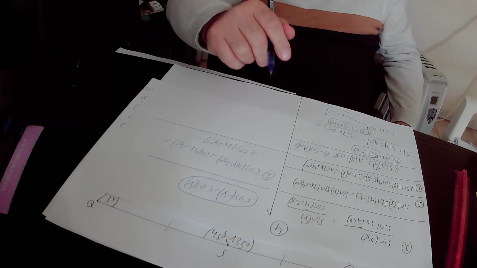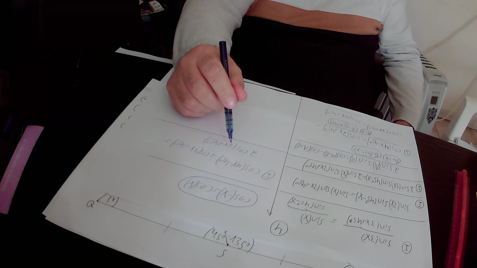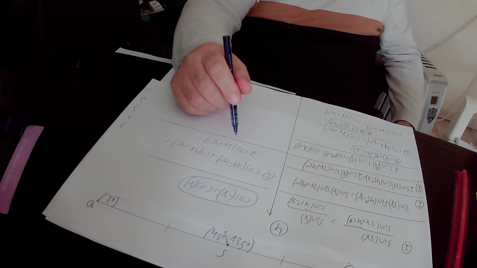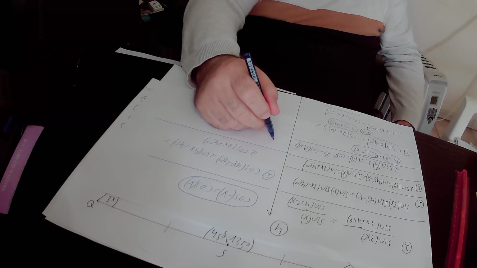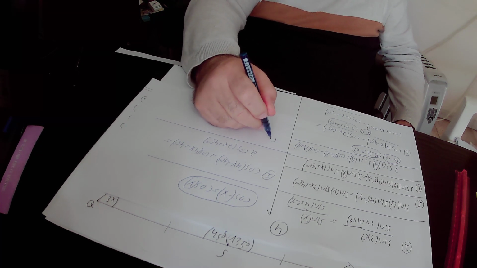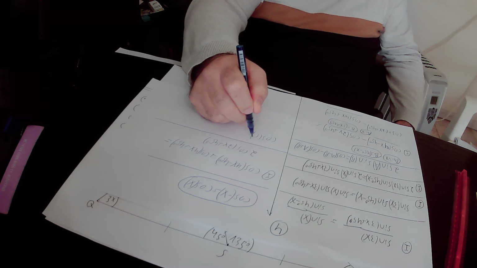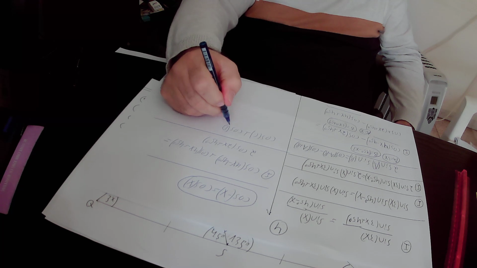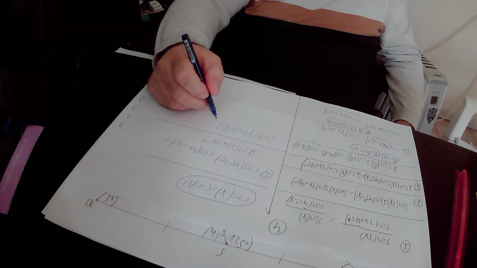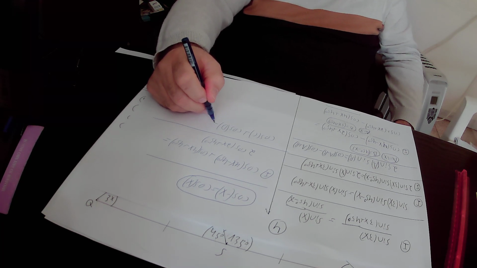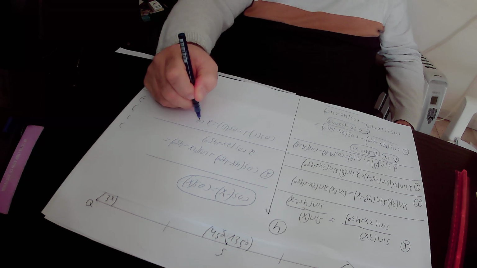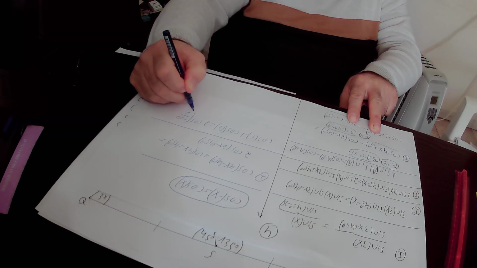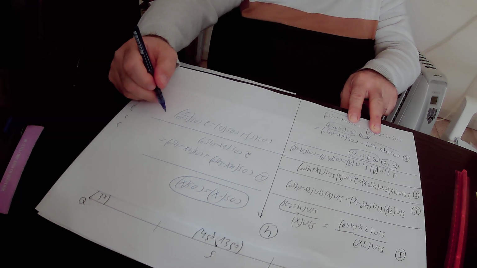and we will simplify this expression according to the trigonometric identity that states that cosine C plus cosine D equals 2 cosine C plus D over 2 times cosine C minus D over 2.